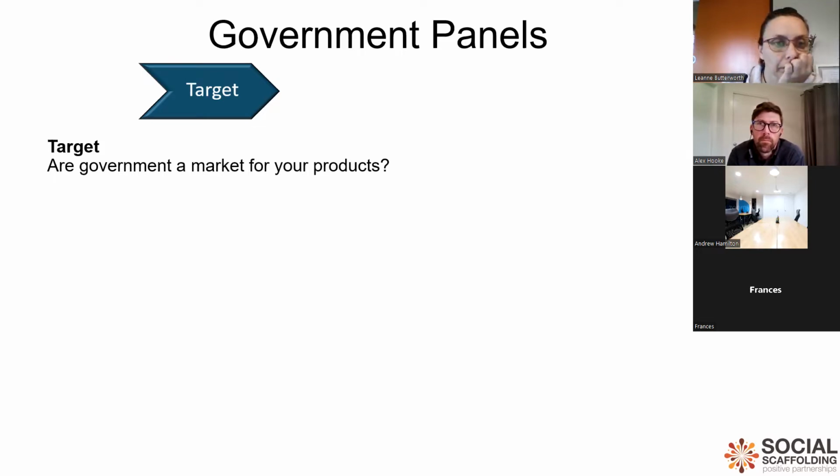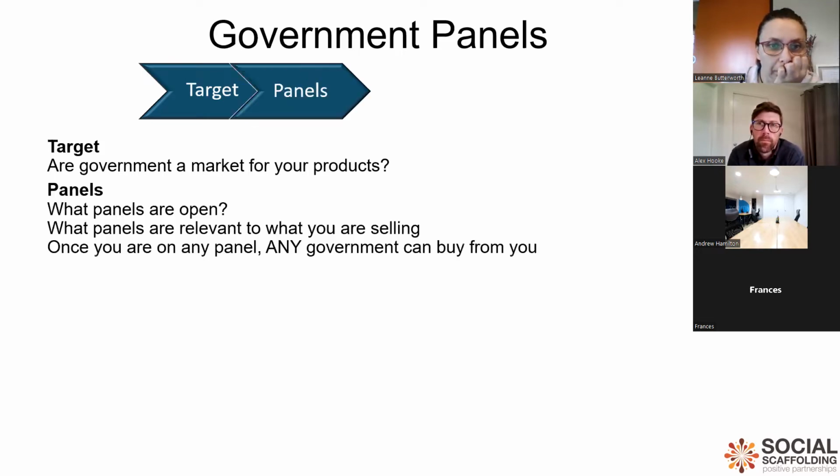Then I thought, what panels are open at the moment? What panels are relevant to what I'm selling? That's part of the challenge. They are closed for anywhere between 3 and 5 years, but they do go out to market if they want to refresh, or if they've got a shortage of suppliers.